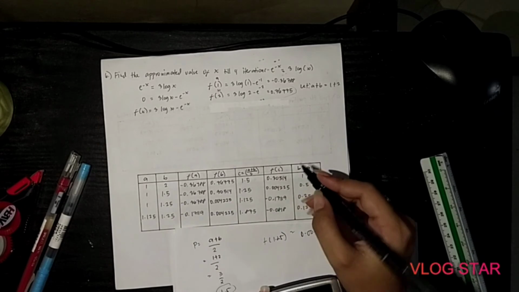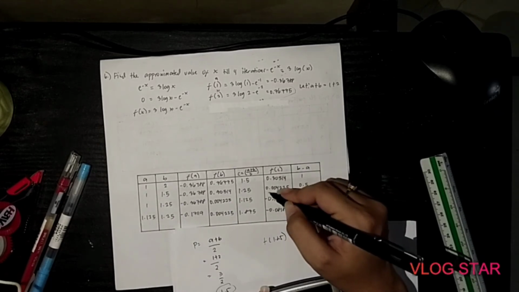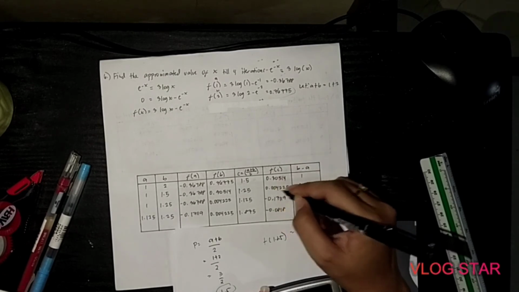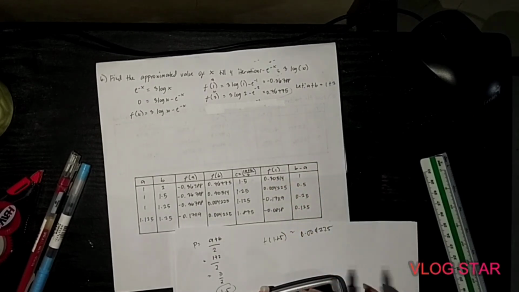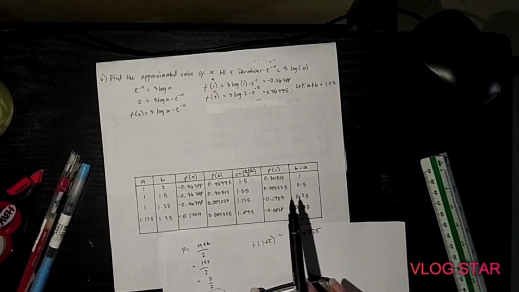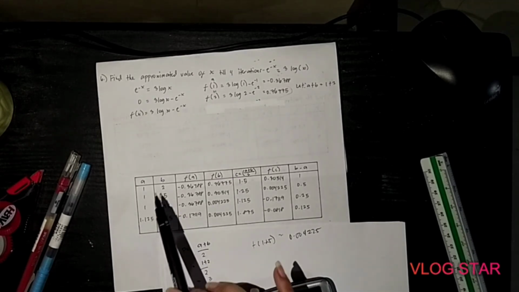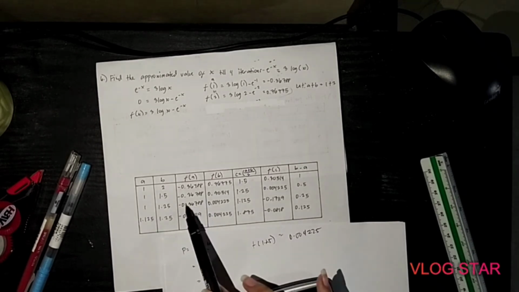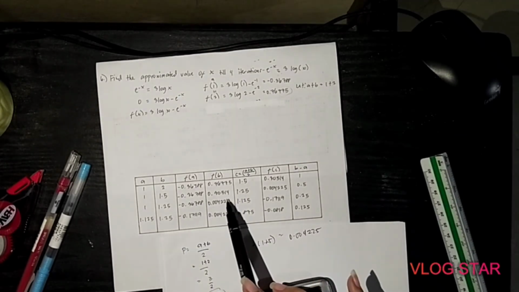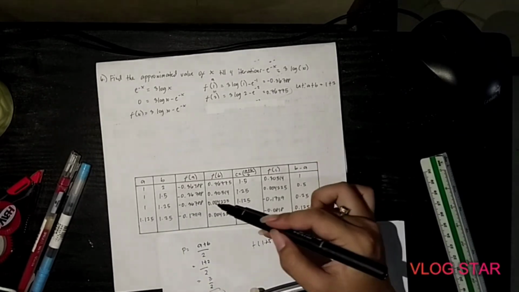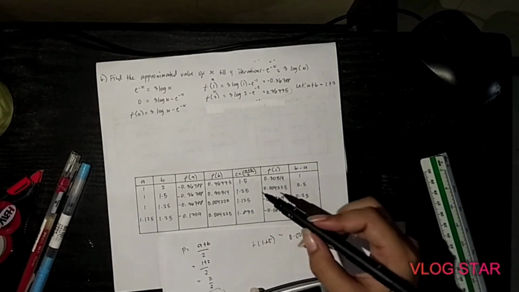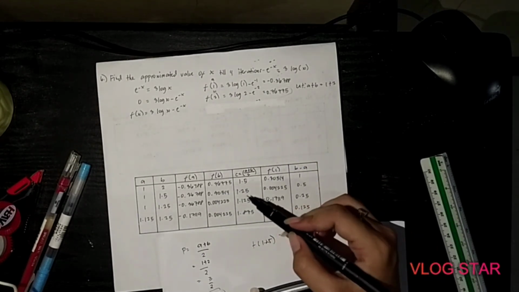So again, we are now on the second iteration. The f of c is still positive, so let's now change the value of b, and a will still be the same. So f of a will be the same, and the f of b is now the value of the new b. And c will change also.